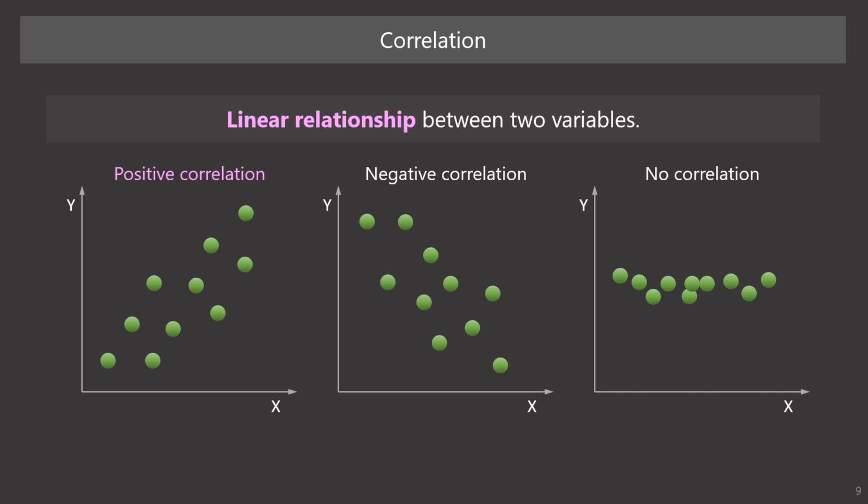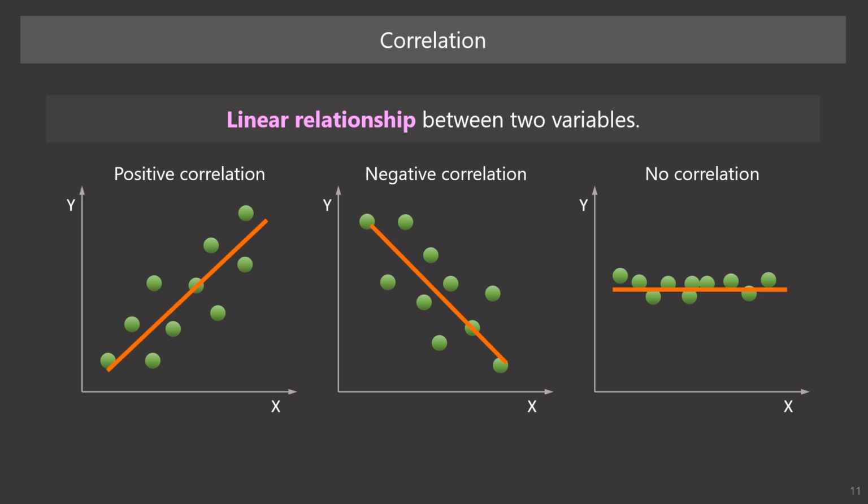If the two variables move in the same direction, those variables are said to be positively correlated. If the two variables move in the opposite direction, those variables are said to be negatively correlated. And because a correlation means a linear relationship, it can be approximated by a straight line.